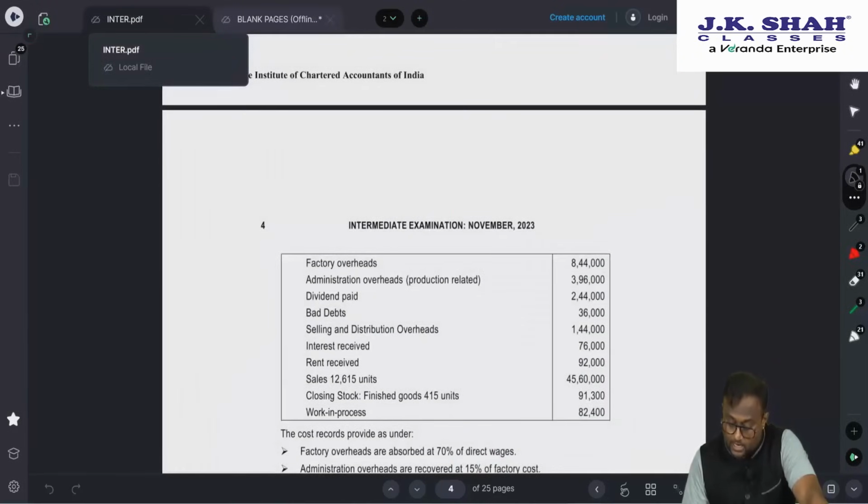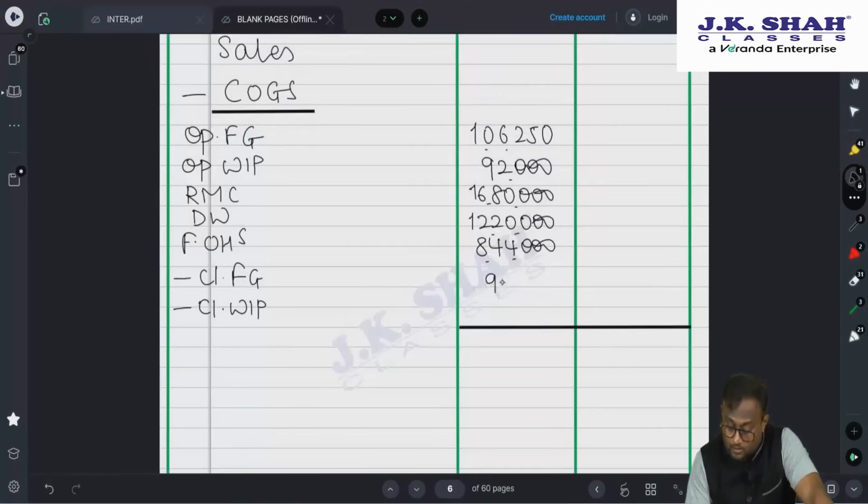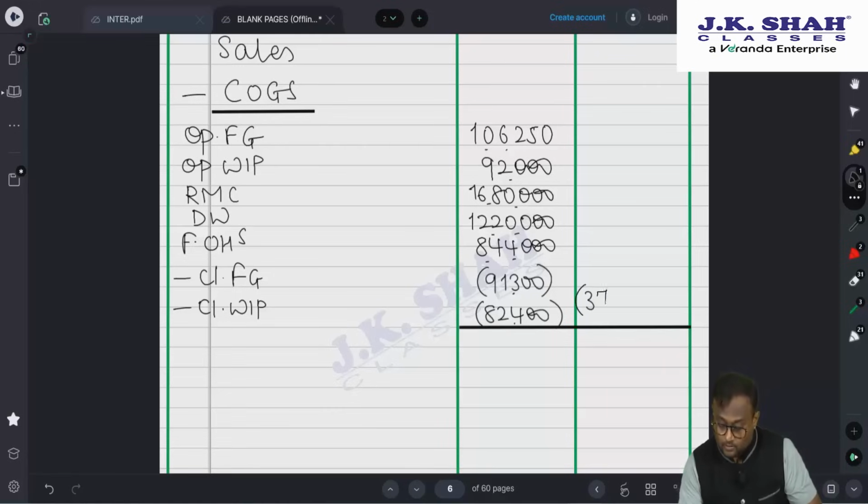Closing stock 91,300, 82,400. 37,68,550 COGS.